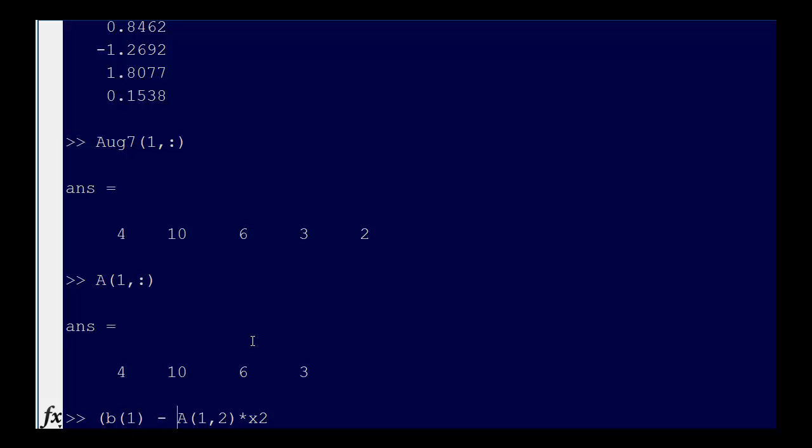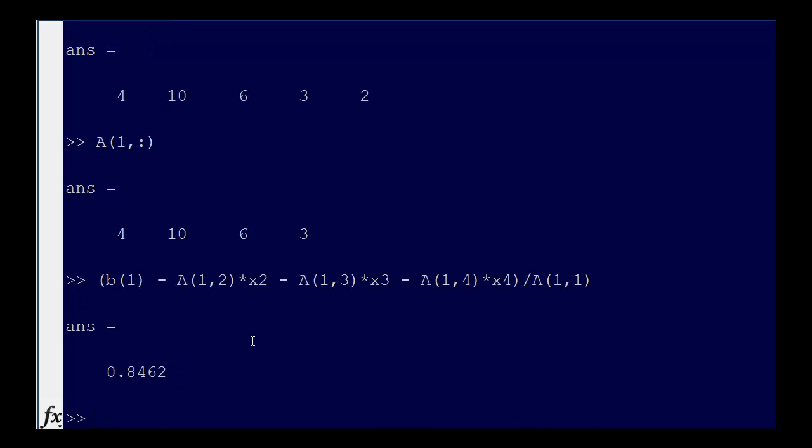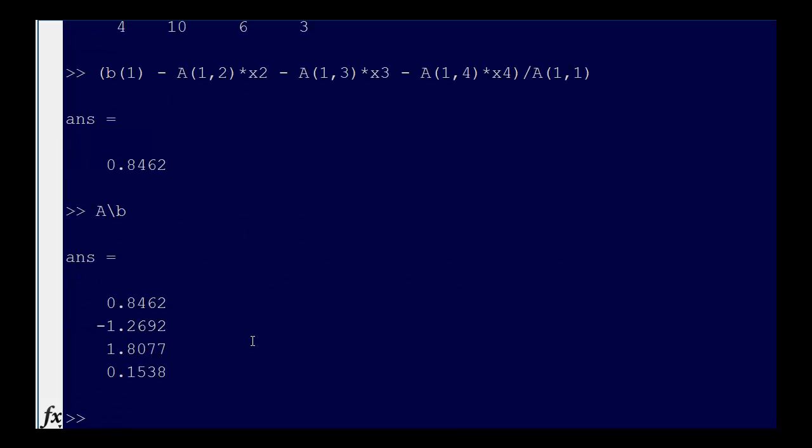So it'll be b1 minus a12 x2 minus a13 x3 minus a14 x4, all over a11.